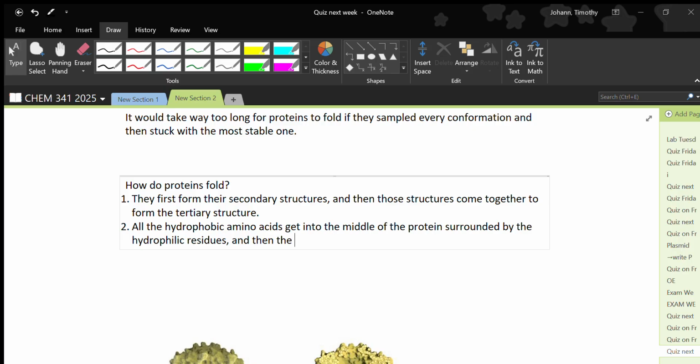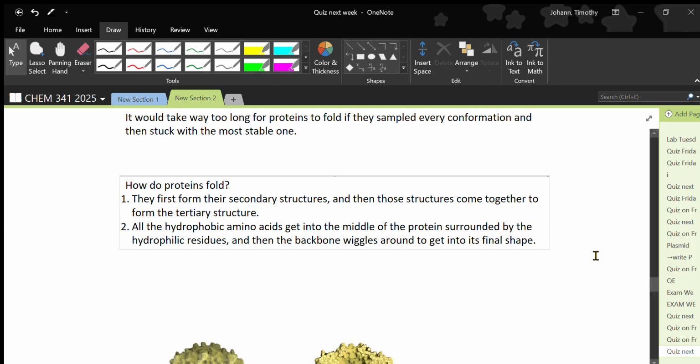Let's say the backbone. I'm not really talking about the amino acids might be interacting to get into that final shape, but really you get into that final shape.